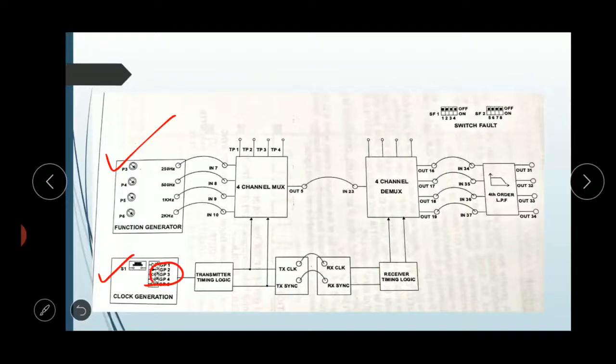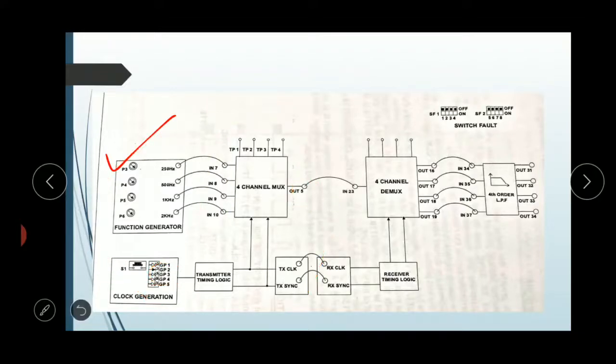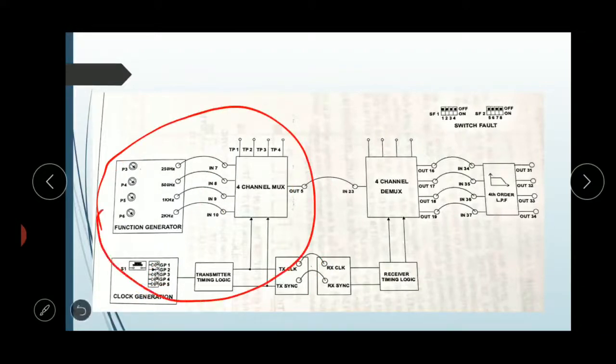Then this part is the transmitter section. Here we give 4 inputs, and at the output we get our TDM waveform. So we have already discussed the transmitter section of TDM, or how we generate the TDM signal. On the receiver side we use a demultiplexer, which helps to separate the combined signal transmitted from the transmitter section.